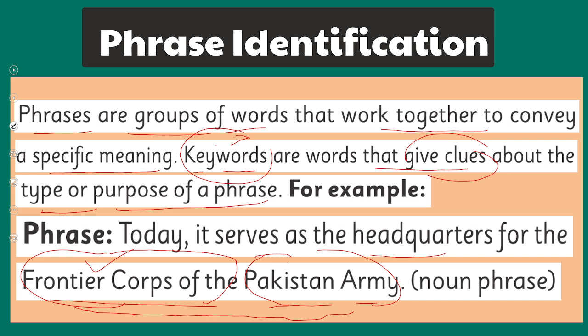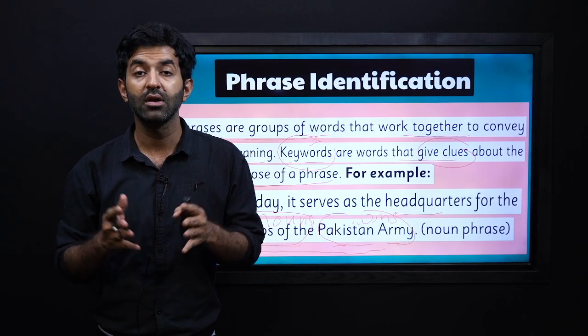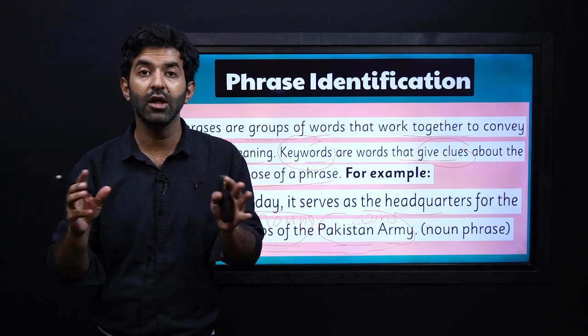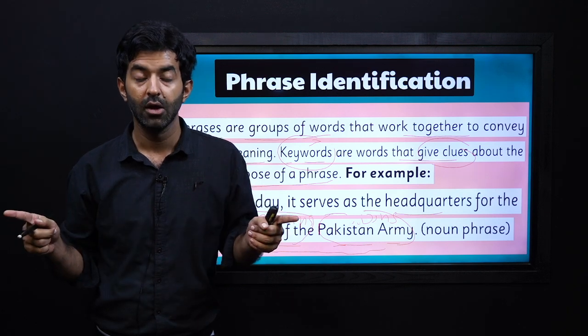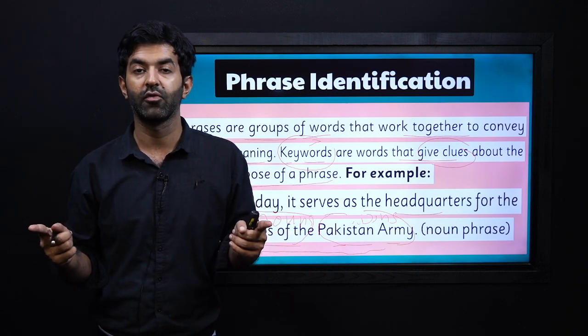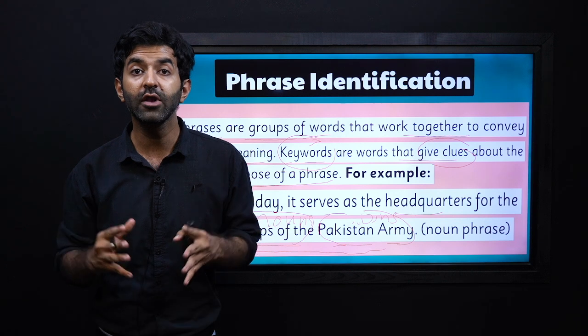But we have nouns over here. So we call it a noun phrase, or phrases with nouns. So by identifying the keywords, the important nouns in the phrase, you can identify that this is a phrase. But what is the type of the phrase? It's a noun phrase because it contains a lot of nouns.